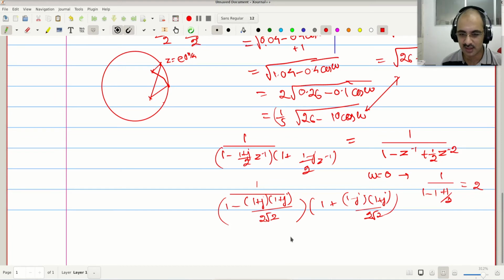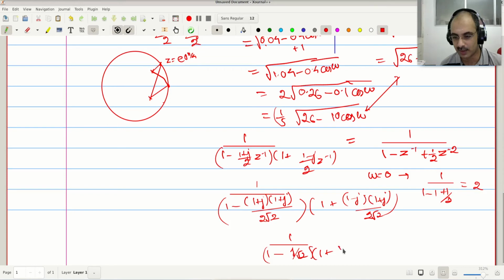Let's evaluate this. This is 1 upon 1 minus, and (1 plus j) the whole square is actually 1 minus 1 plus 2j, so it's going to be 2j, which is j upon root 2, and (1 plus j) into (1 minus j) is actually going to be 2, so 1 by root 2.